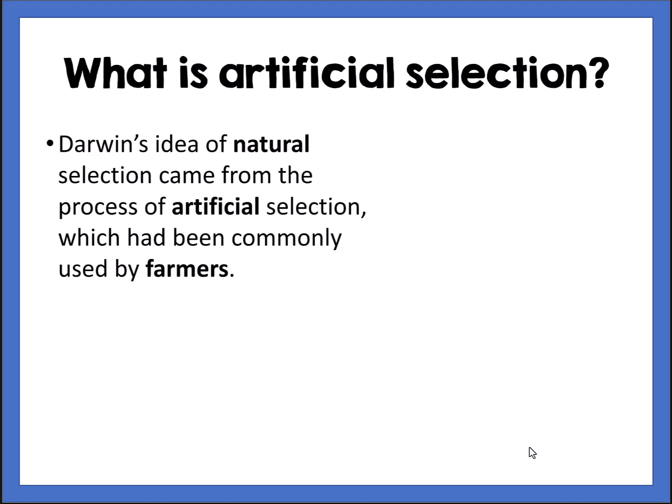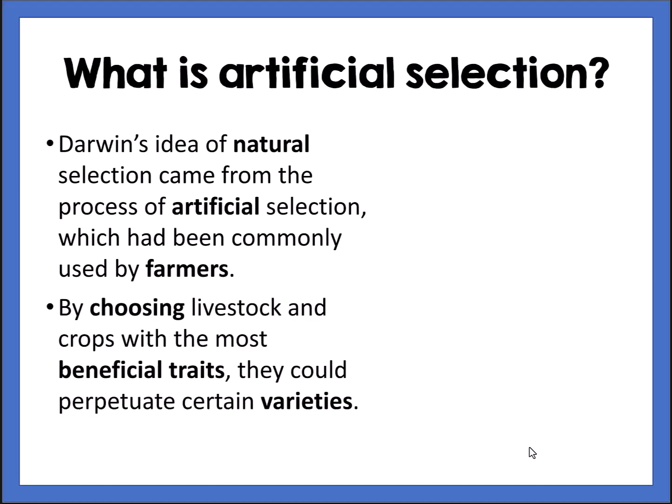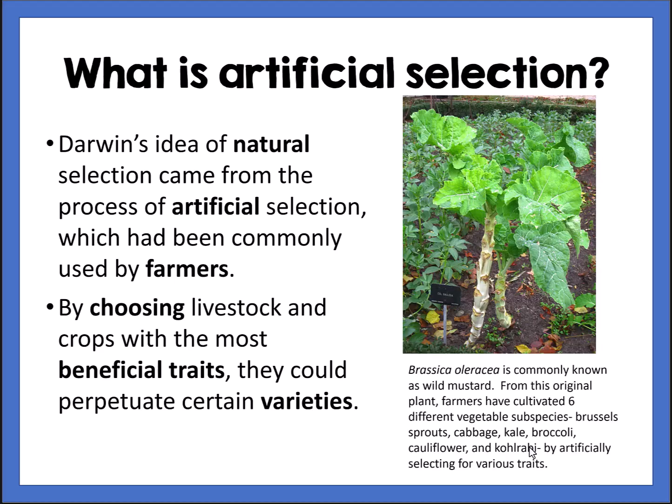So Darwin's idea of natural selection came from the process of artificial selection, which had been commonly used by farmers. By choosing livestock and crops with the most beneficial traits, they could perpetuate certain varieties. So here's an example.